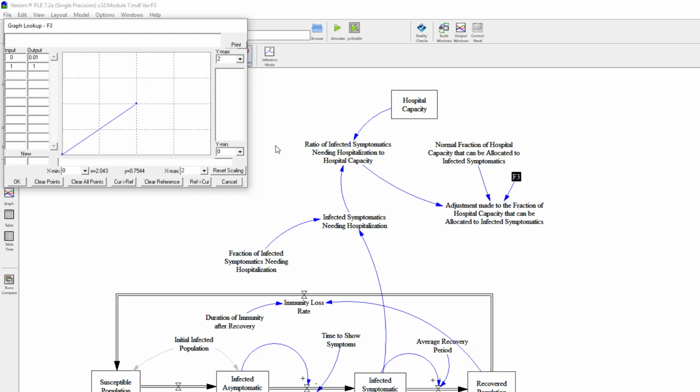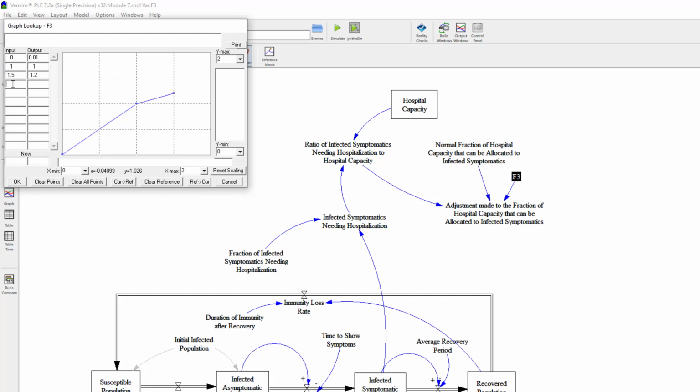And then when this ratio is, let's say, 50% more than the normal fraction, so in this case it would be 1.5, then let's say that we're gonna increase the hospital capacity allocated to COVID-19 patients by 20%. So let's say we multiply by 1.2.